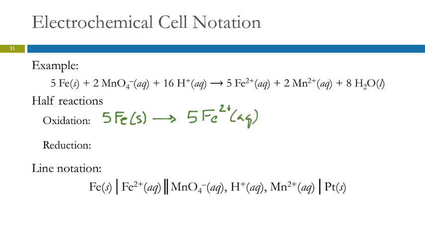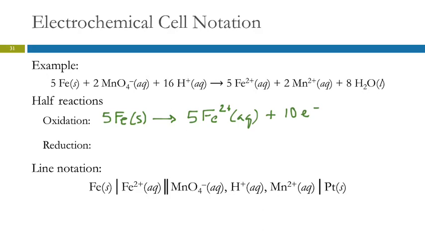And what else is going to be in there? Some electrons, right? We had 5 of these things happening, and each of them is losing 2 electrons, so that's releasing 10 electrons. That would balance the charge.